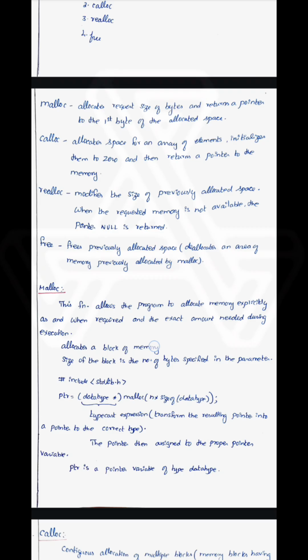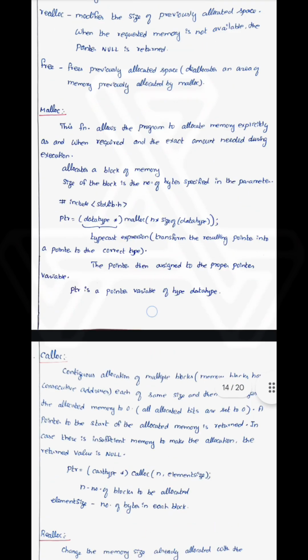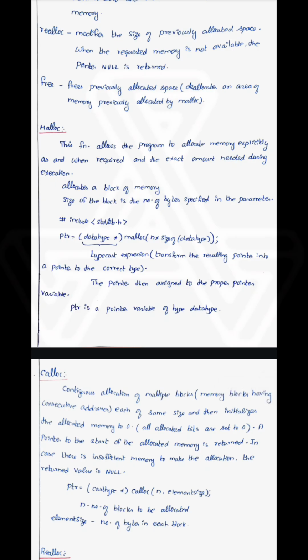Calloc allocates space for an array of elements, initializes them to 0, and then returns a pointer to the memory. Realloc modifies the size of previously allocated space; when the requested memory is not available, a null pointer is returned. Free deallocates an area of memory previously allocated by malloc.